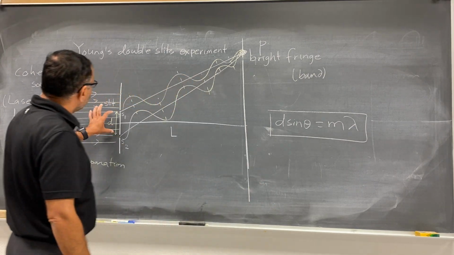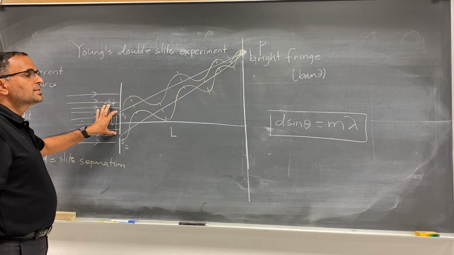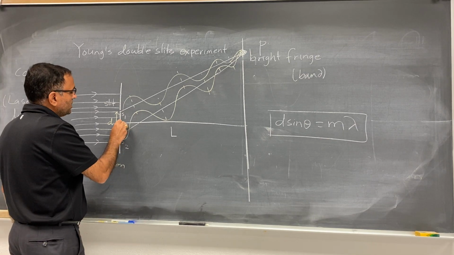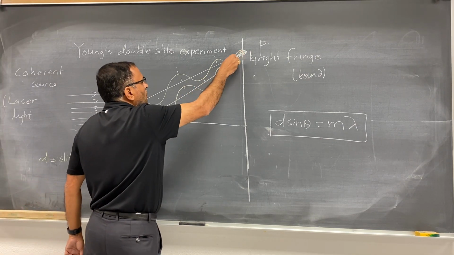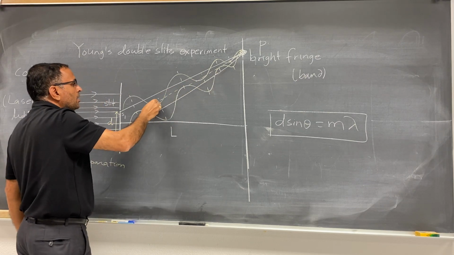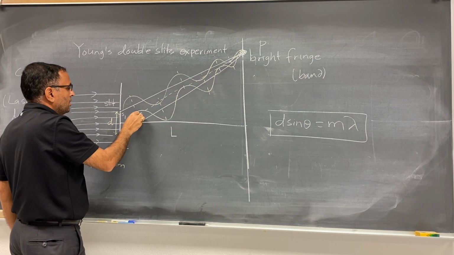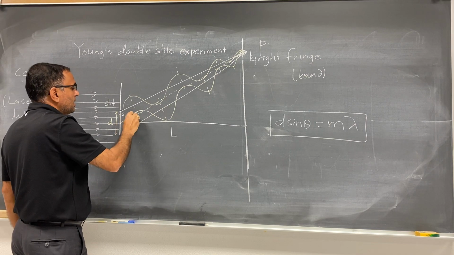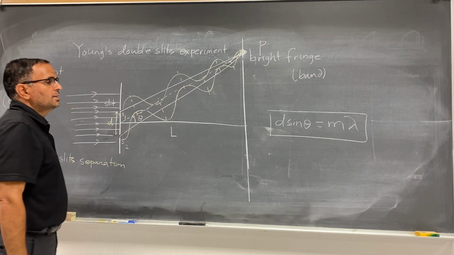What is d? The slit separation. Where is theta? You can draw the line from here to there, and this angle is theta.